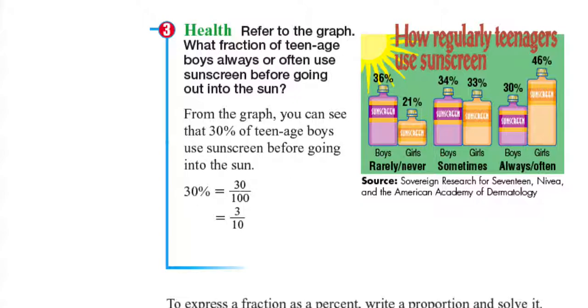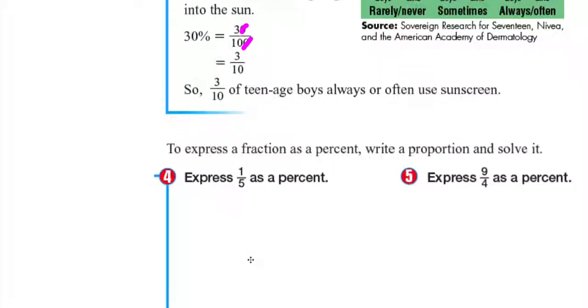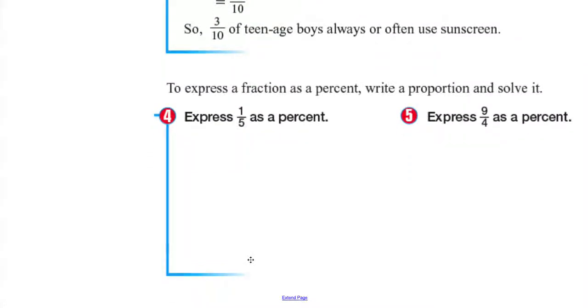An easier way to simplify this without using prime factorization: since both numbers end in 0, start canceling the zeros from the very right. So that 0 cancels out, and you also cancel out a 0 from 30. If you cancel out both zeros, you end up with 3 over 10. So 3/10 of teenage boys always or often use sunscreen.